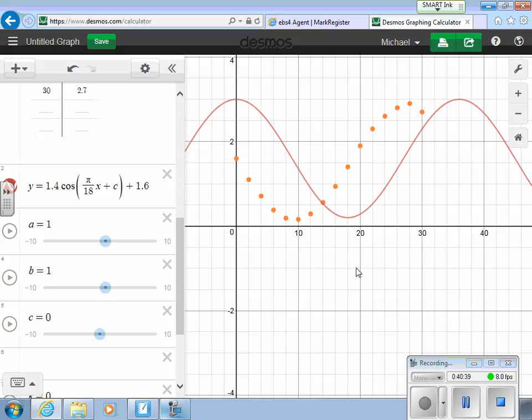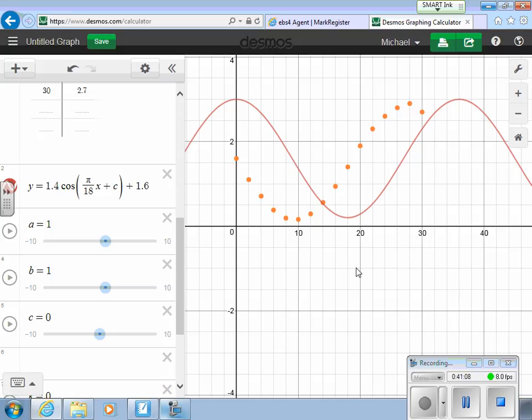Everyone agree, leading? Think about what leading means. It means the function peaks before what you're comparing it with. It's lagging. It's after. Yeah.